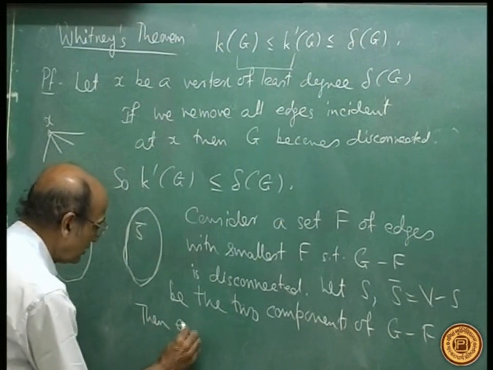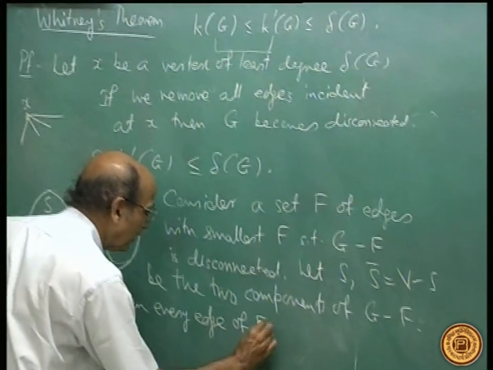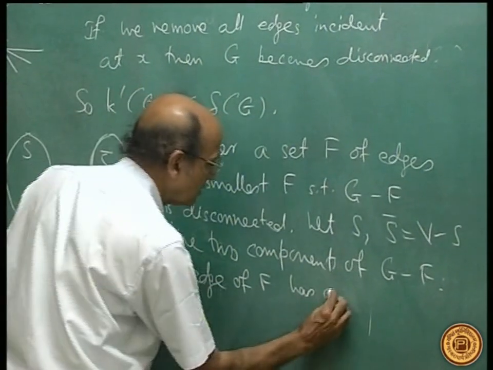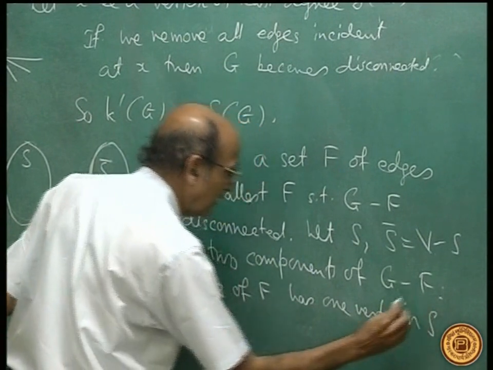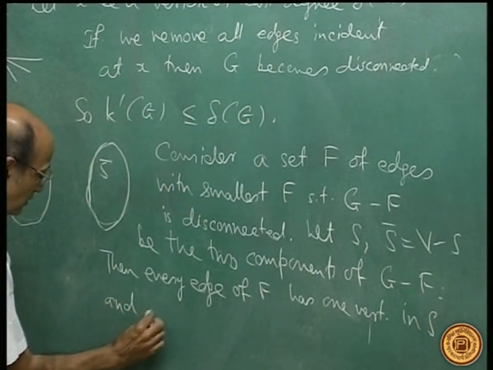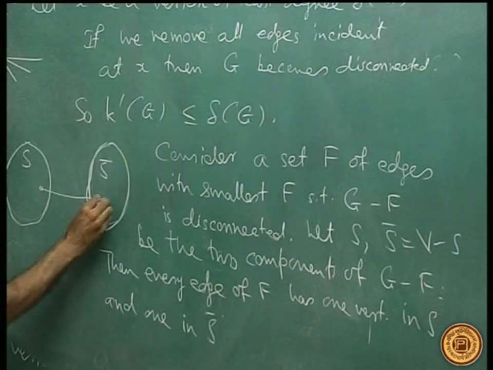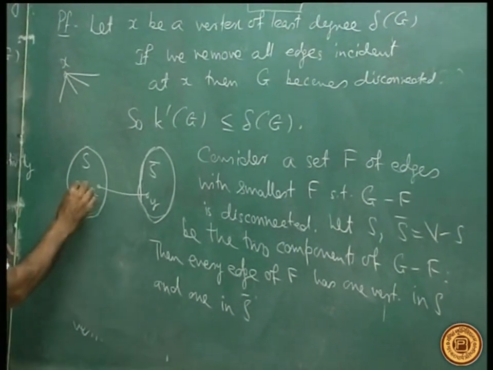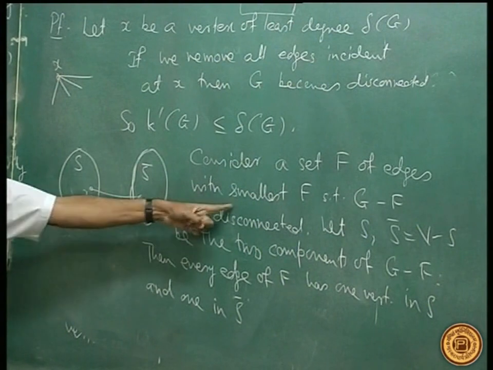Every edge has one vertex in S and one in S bar. Clear rule. It cannot have both the vertices in S. If both the vertices were in S, I could have obtained a smaller set, because of the smallestness.